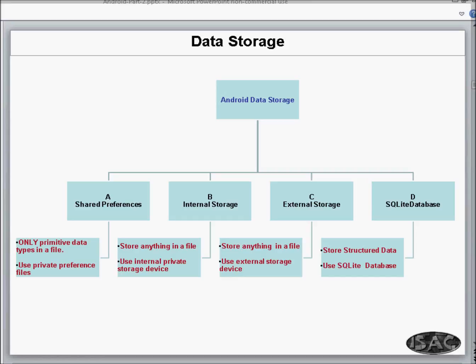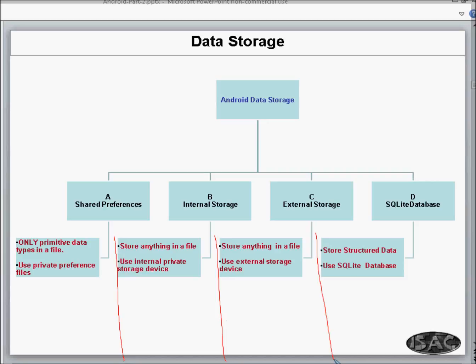The next ones are internal storage, external storage, and SQLite database. What is the difference between all of these? We will understand the difference between each one of them very soon, one by one.